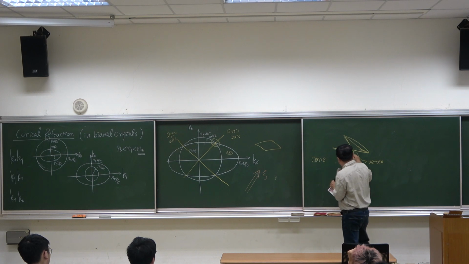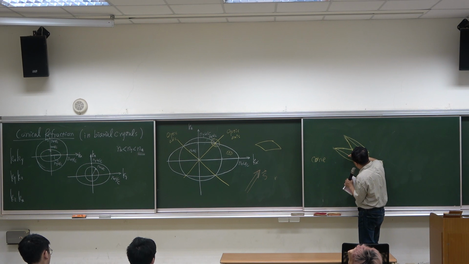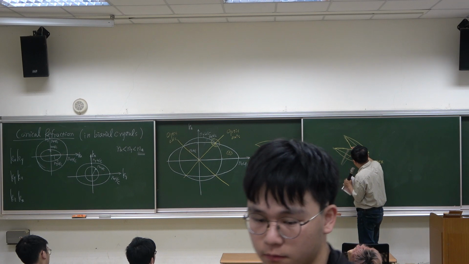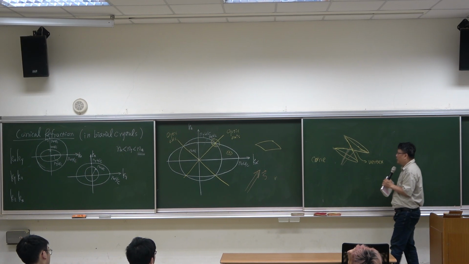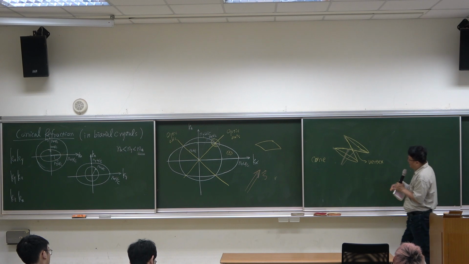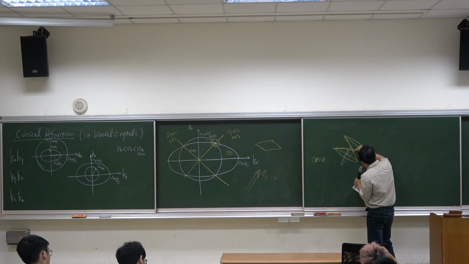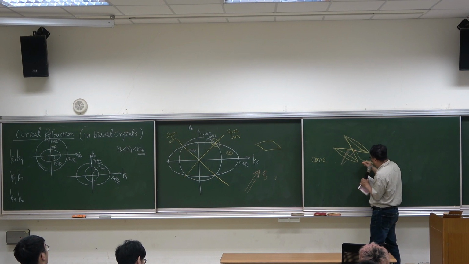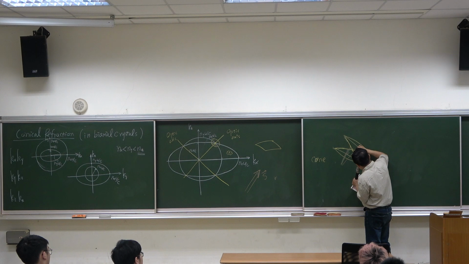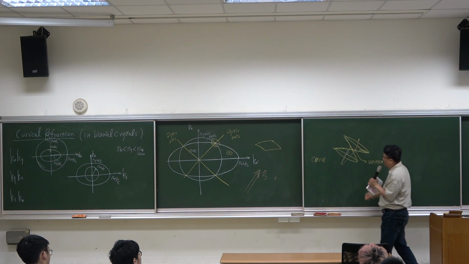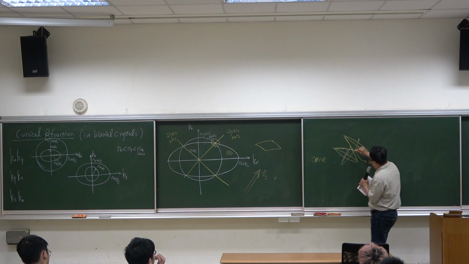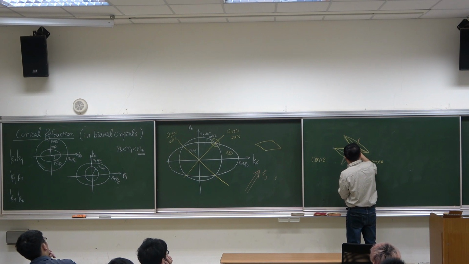So a beam of light corresponds to, say, a range of k. So if the k is located here, we get the normal vector along this direction. If the k is located here, we get the normal vector along this direction.